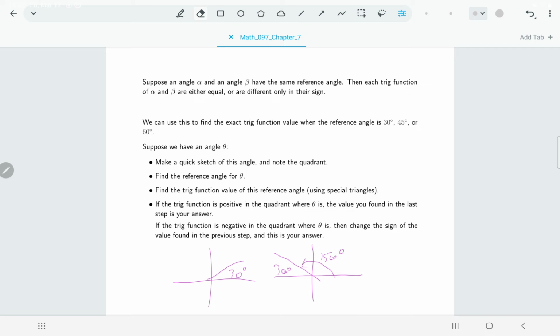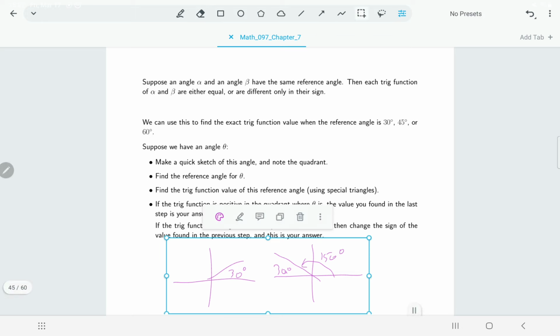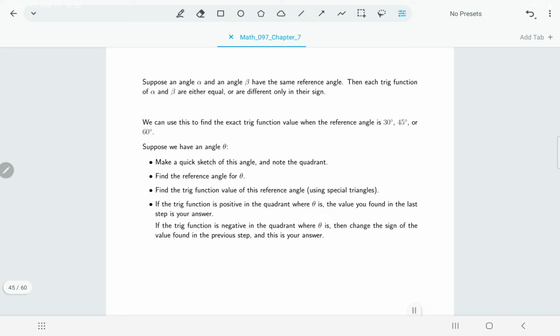To figure that out, we would just have to think about what quadrant our angle is in and whether sine happens to be positive or negative in that quadrant. So it's a little bit more involved than what we've already done, but really it's just putting together two things, our special triangles together with our reference angles and quadrants.